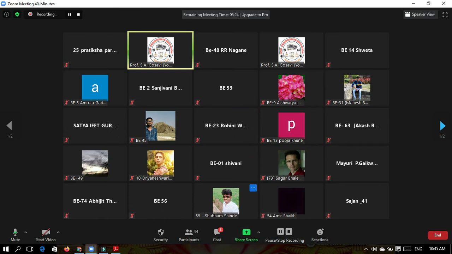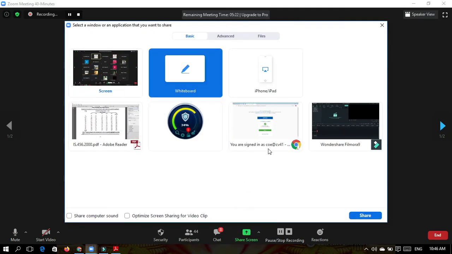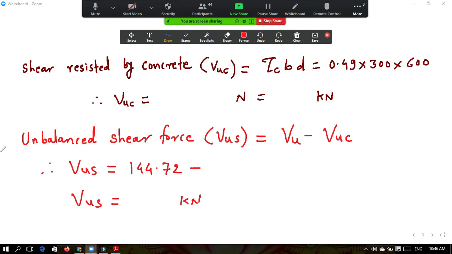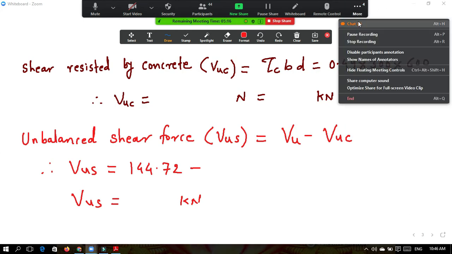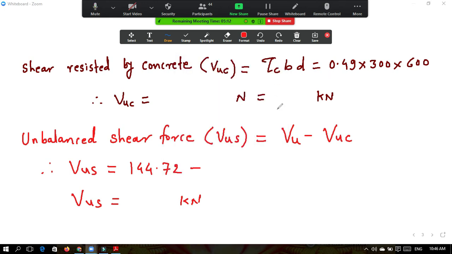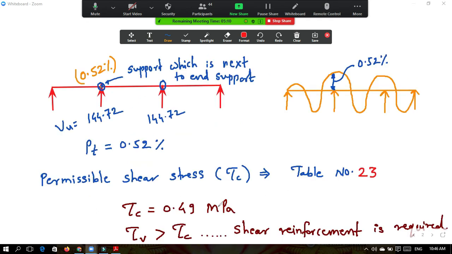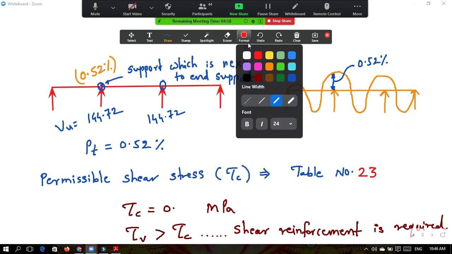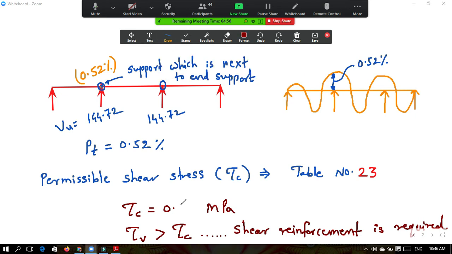So the tau c value is 0.304. This is the value.